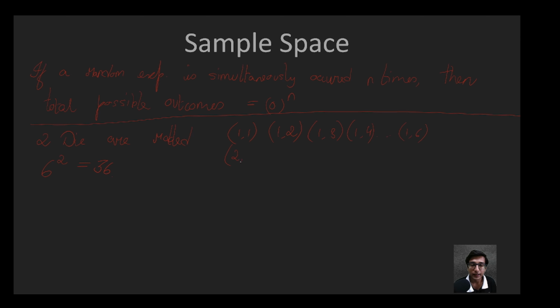And here I can get 2, 1, 2, 2, up till 2, 6. Similarly this can go up till 6, 1, 6, 2, and so on till 6, 6. So this is my sample space when 2 dice are rolled. There are a total of 36 elements in this sample space, or 36 possible outcomes for this type of event.